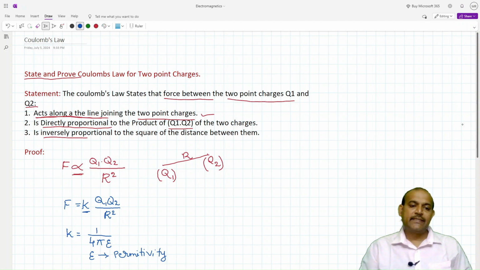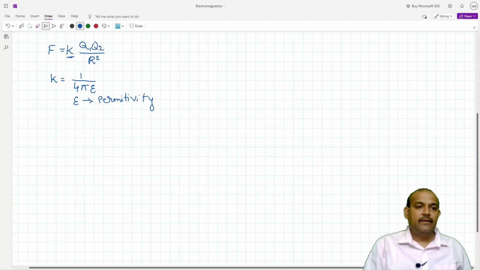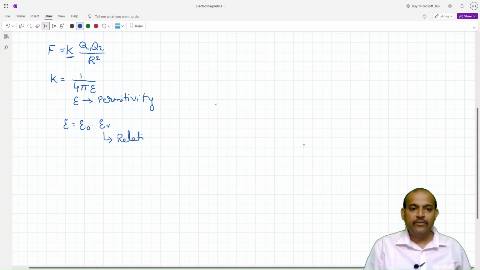So epsilon is called the permittivity of the medium, where epsilon equals epsilon naught times epsilon r. Epsilon r is called the relative permittivity, whereas epsilon naught is the absolute permittivity.